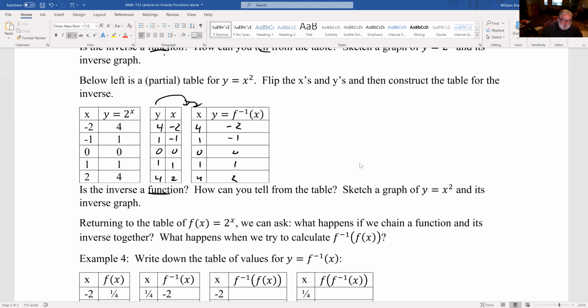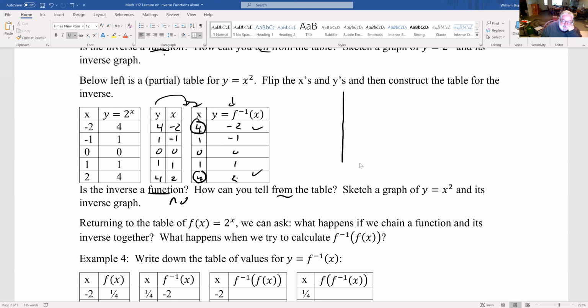Does this table give me a function? How can you tell? The answer is no, because I've got two x's that are the same, 4 and 4, but they give me two different y's. One is minus 2 and one is 2.